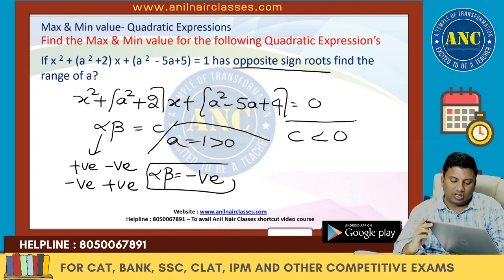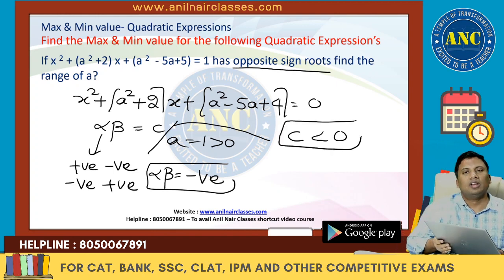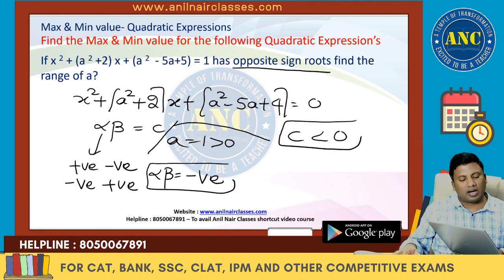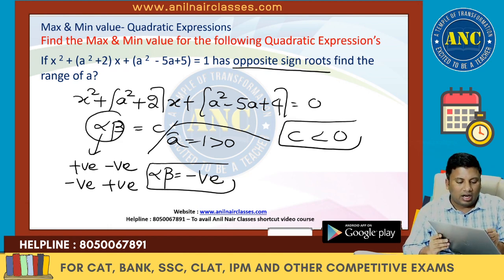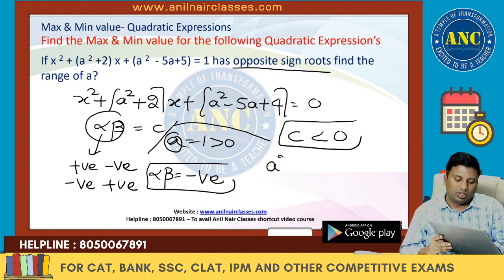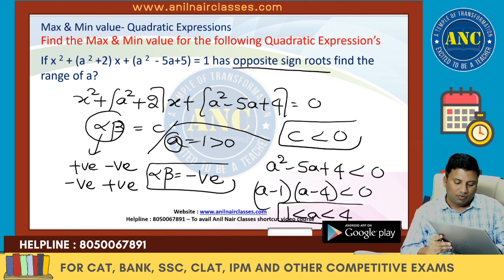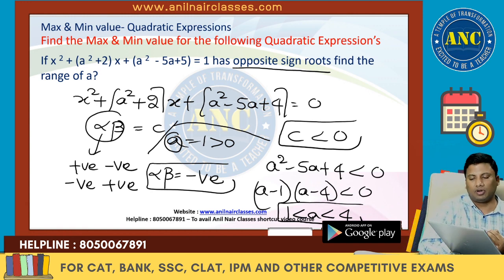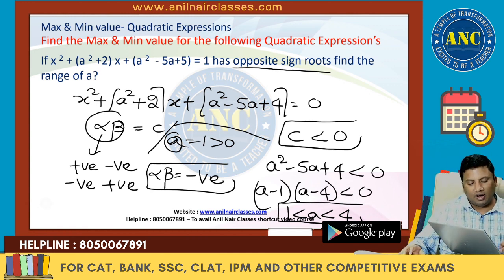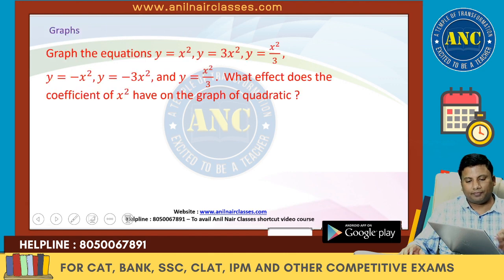That means c should be less than 0. Opposite sign roots means the product of the roots is less than 0. That means negative. Denominator is positive. So this is nothing but a square minus 5a plus 4 less than 0. A minus 1 into a minus 4 less than 0. 1 less than a less than 4. Idea is clear, right?